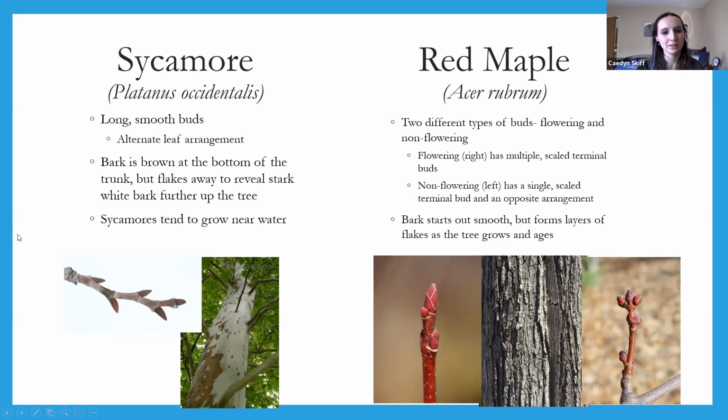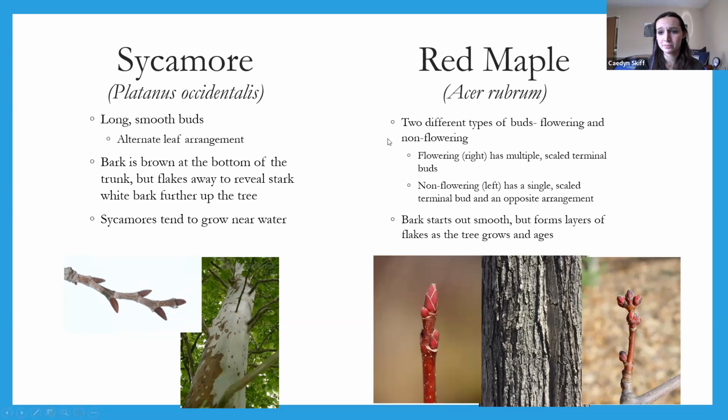They also have an alternate leaf arrangement. One thing is that sycamores tend to grow near water, but not always. We have a couple at Bulls Run that are at the top of a hill, and I've seen them in other areas where there's not a whole lot of water. But they do tend to be around water.